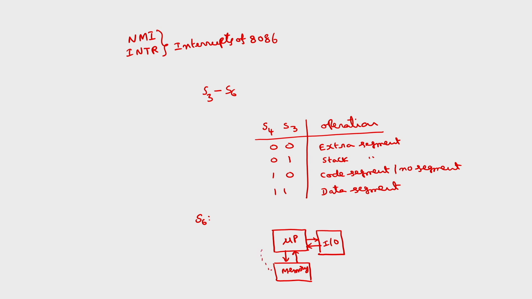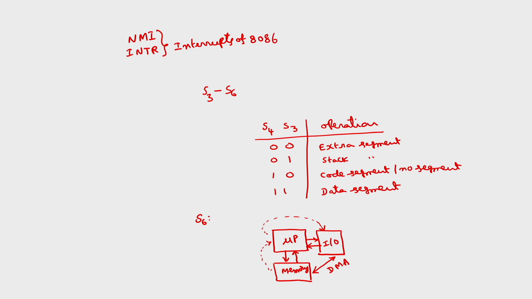This is the normal conventional data transfer scheme. It is time consuming, so we can use direct memory access between the memory and IO. This is called DMA.